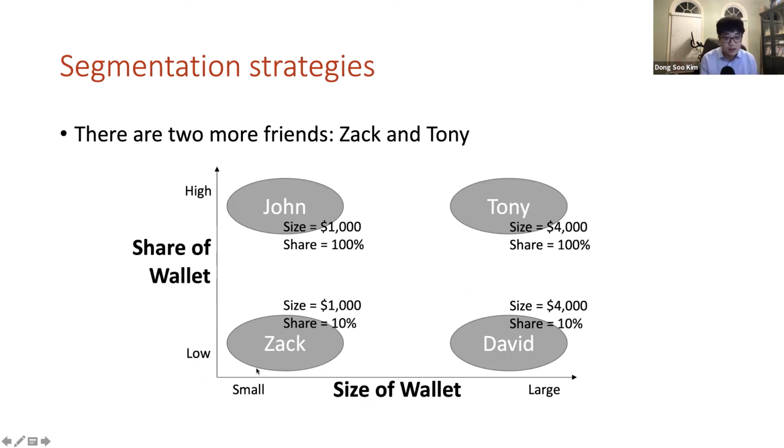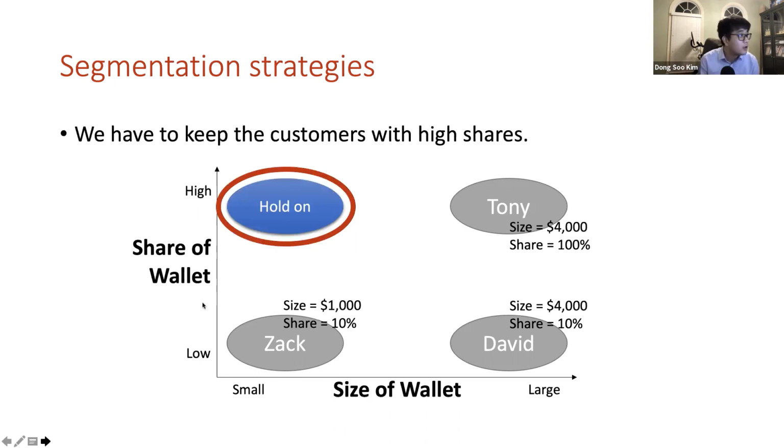Then, let's think of a good strategy for John first. He always shops at Kroger. That is, he is a very loyal customer. So we have to keep this customer for the next time. Then, how about Tony? He's also a loyal customer.